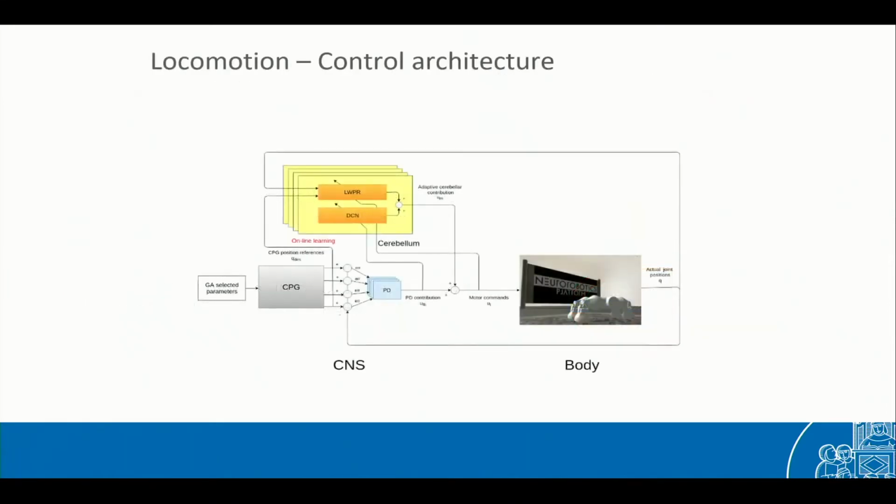In particular, in this study, we want to make a quadruped robot walk, and we used a CPG algorithm based on a genetic algorithm. We use the genetic algorithm to generate the input to the motors, the trajectory for the motors, and we use a cerebellum to adjust the trajectory while the robot is walking to make the walking more stable.